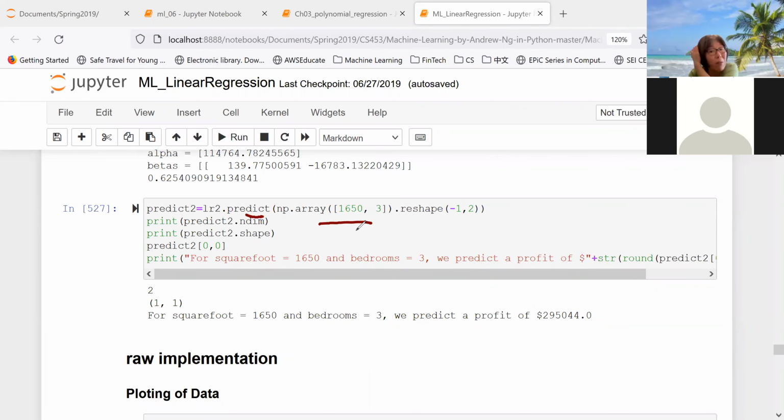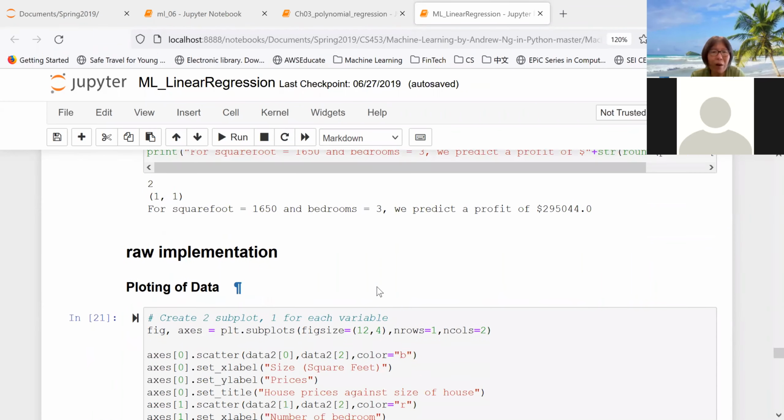And this data set is regarding house price, to predict based on the square foot and number of bedrooms. Okay, and that's regarding this implementation.